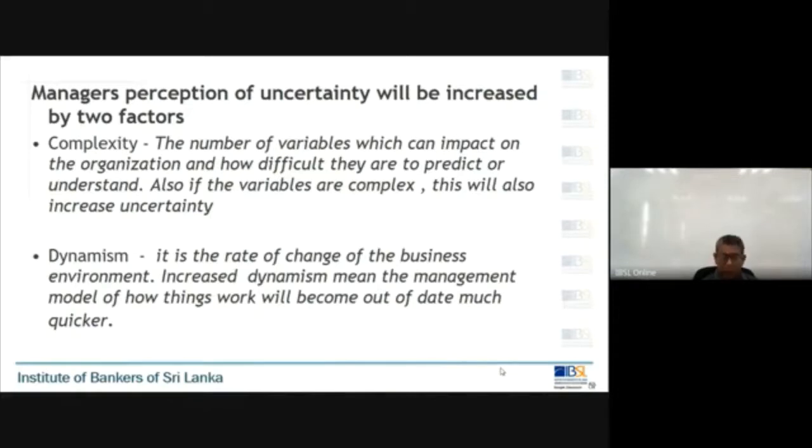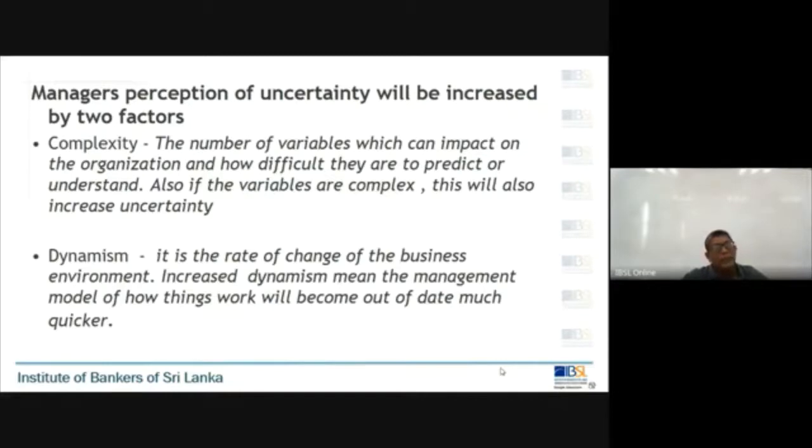Organizations are usually subjected to a vast number of variables. It is very difficult to predict or understand all of these variables because they are very complex, and those variables increase the uncertainty.